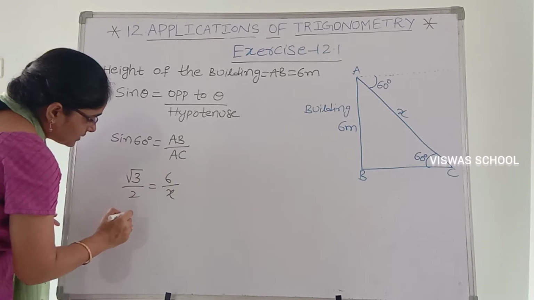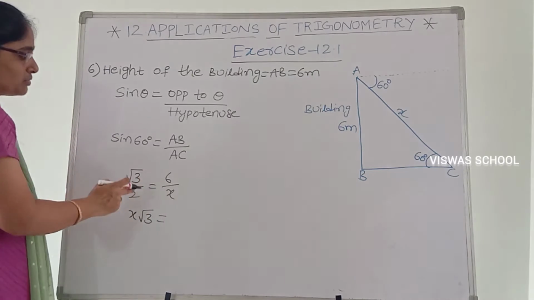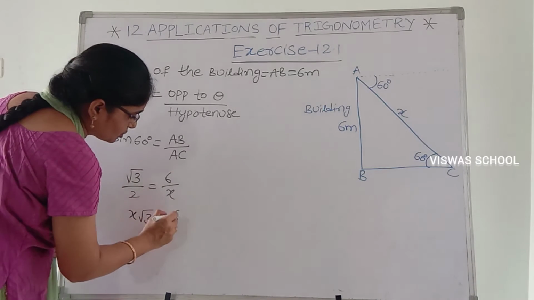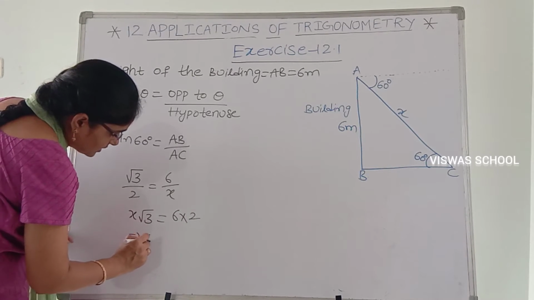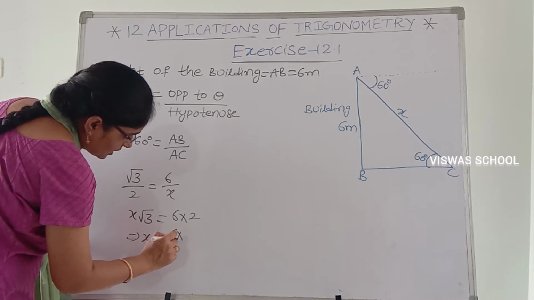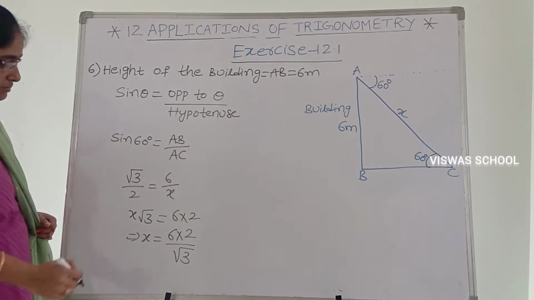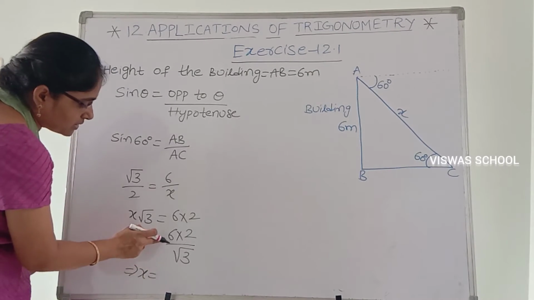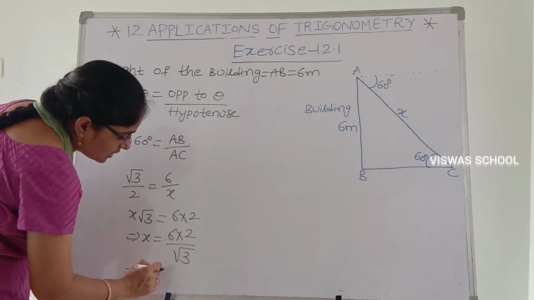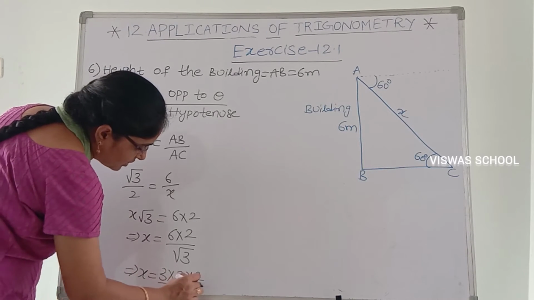Now, x into root 3 equals 6 into 2. From this, x is equal to 6 into 2 by root 3. That is, x equals, this 6 I am writing as 3 into 2, so 3 into 2 into 2 by root 3.